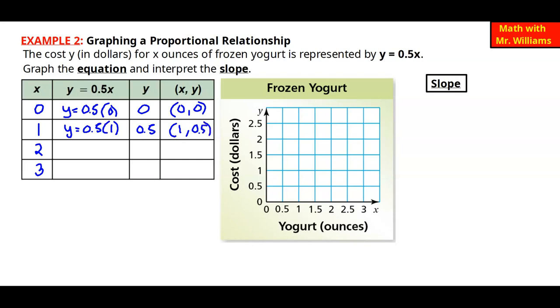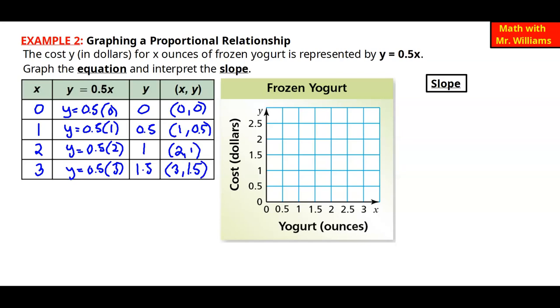Now for the next number, we have y equals 5/10 times 2. That will result in 1, leaving me my ordered pair of 2, 1. And for 3, we have y equals 5/10 times 3, leaving me 1.5. So my ordered pair would be 3, 1.5.